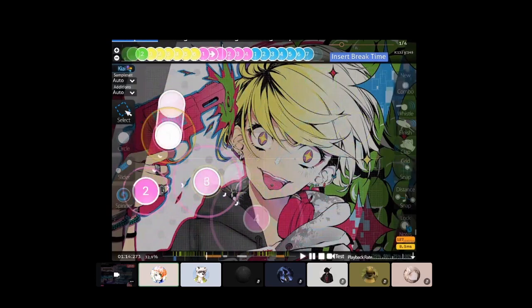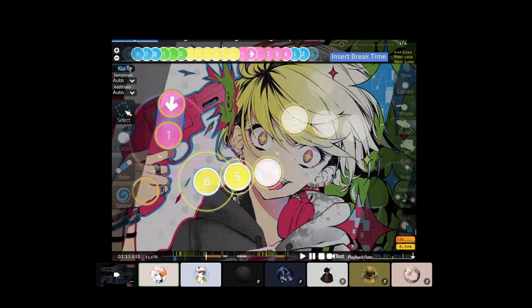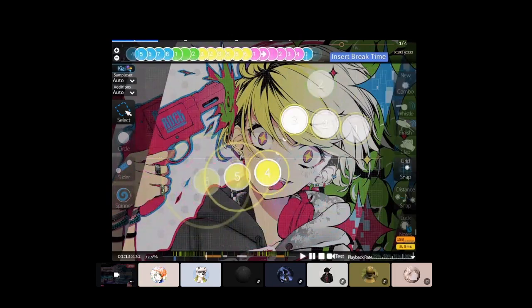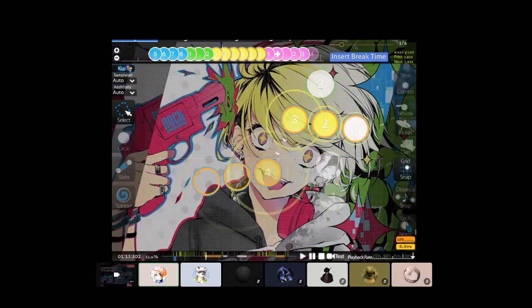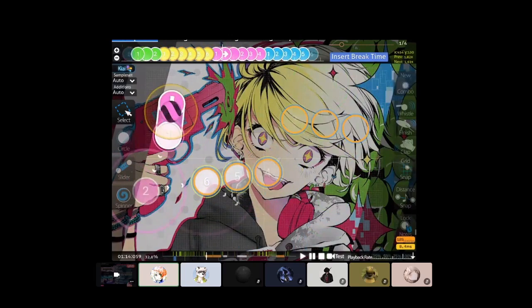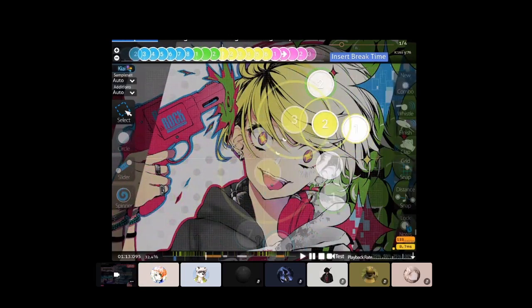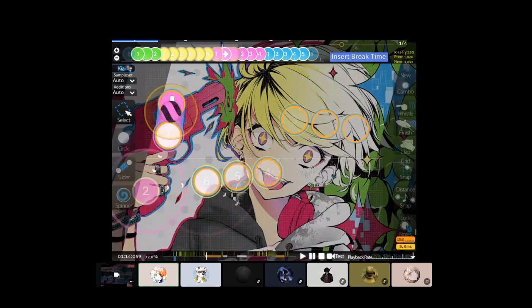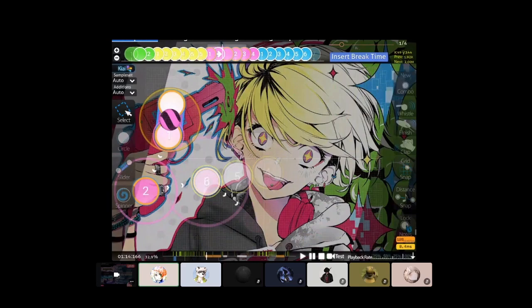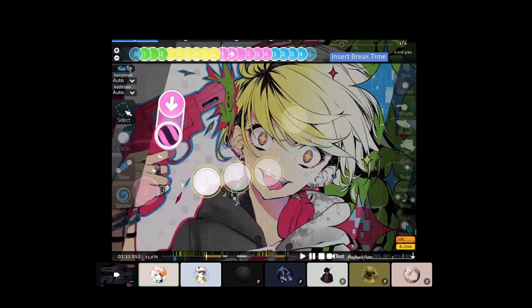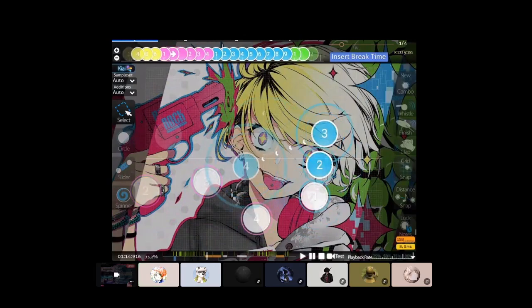Which will encourage players to even flow aim stuff like this, even though it's a little bit more spaced, maybe. But because everything around them is encouraging them to flow aim most of the patterns, they might even flow aim stuff that they usually wouldn't. Like if you put this pattern into a different kind of map at the same BPM, maybe a lot of people would actually snap between it.